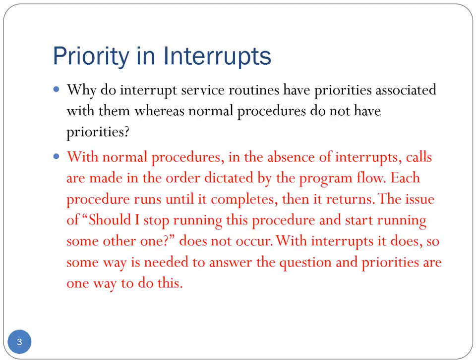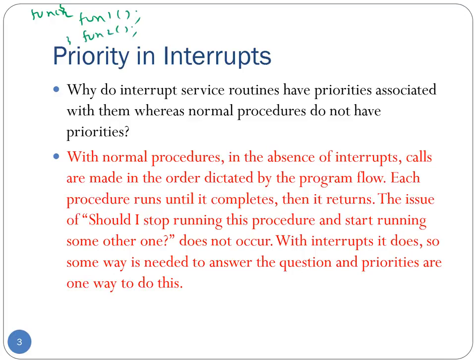So the next question is, why do interrupt service routines have priorities associated with them, whereas normal procedures do not have priorities? So let's think about how processes execute functions. Let's say in your code you have a function fun, and let's say this function calls fun1, and then it calls fun2.